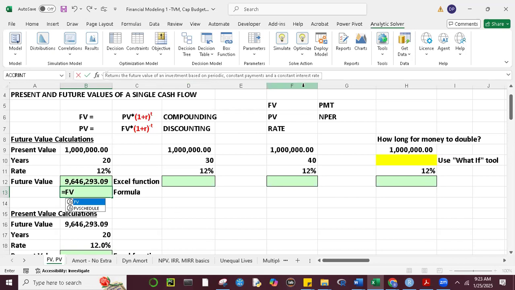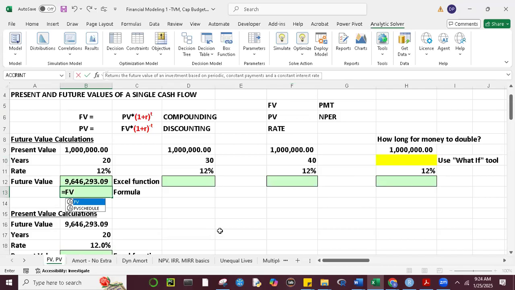So you can compute for the future value of an investment either as a lump sum, or just one amount, or periodic constant payments and a constant interest rate. It assumes that the interest rate will be constant throughout the period.